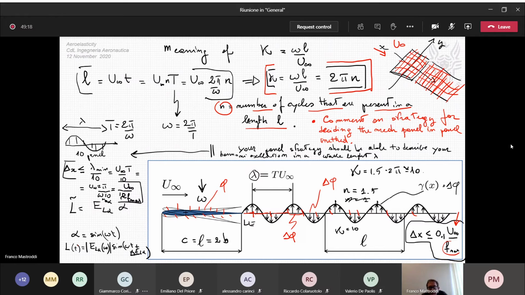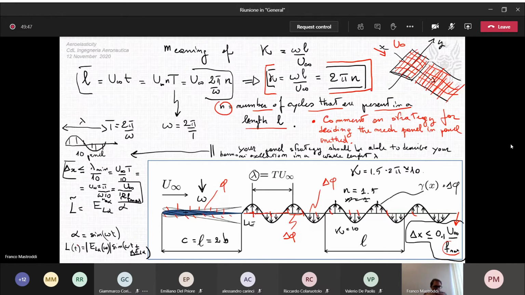It looks like a paradox, but lower velocity of the flow obliges you to have a higher and higher number of panels in the x direction, in the flow direction. So this is a very important issue for an unsteady flow discretization in space.